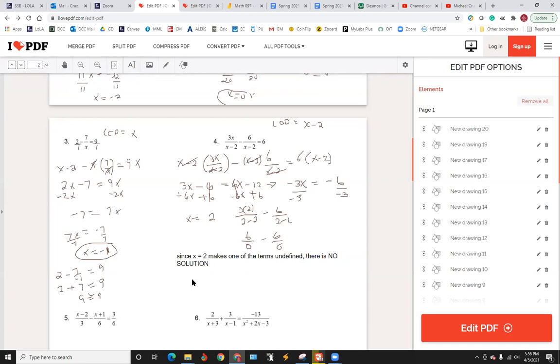Because that's not 0. 6 over 0 is not 0. It's undefined.